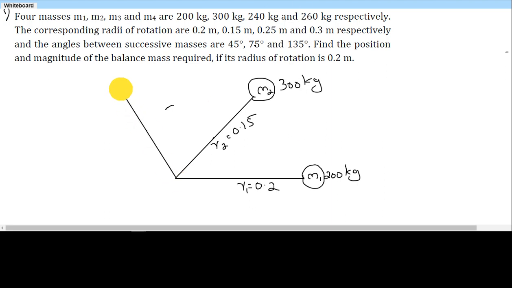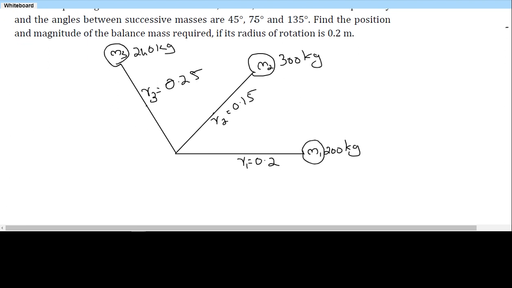That will be our next mass, M3, 240 kilogram, and radius of rotation R3 is equal to 0.25. And the next angle is 135, so between M3 and M4 there will be 135.